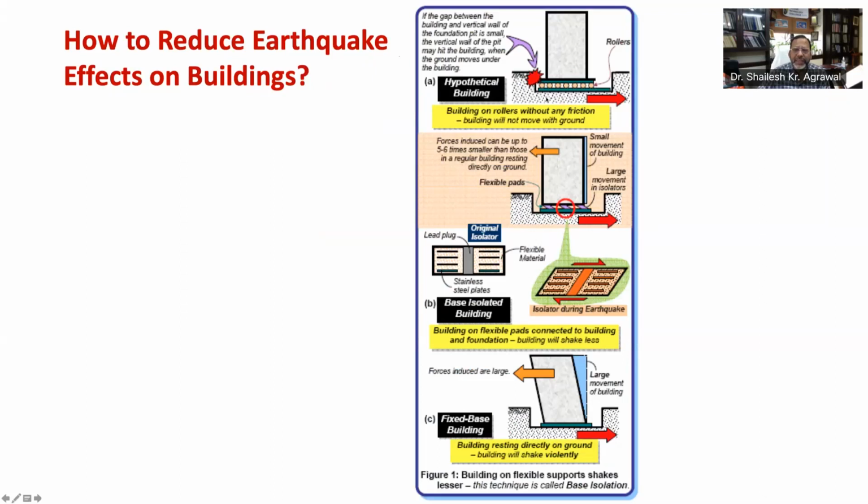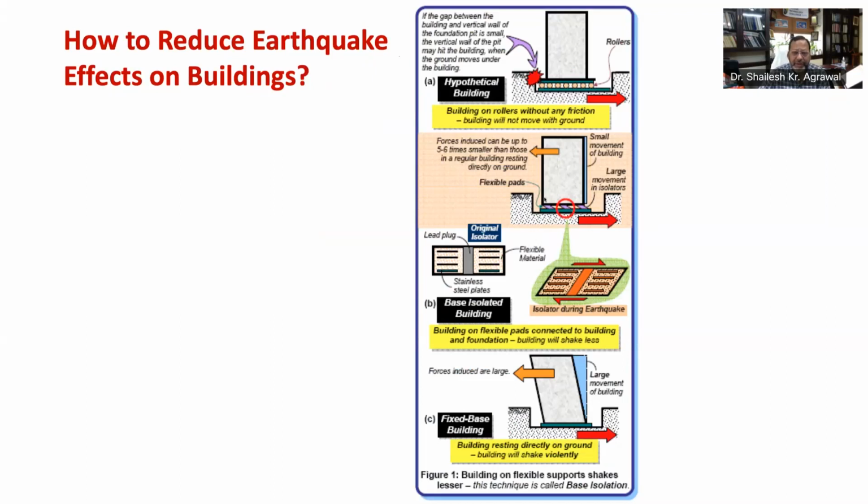Now, let's see this figure 1B. If the same building is rested on flexible pads as shown in this figure, that pad offers resistance against lateral movements, then some effects of ground shaking will be transferred to the building above.